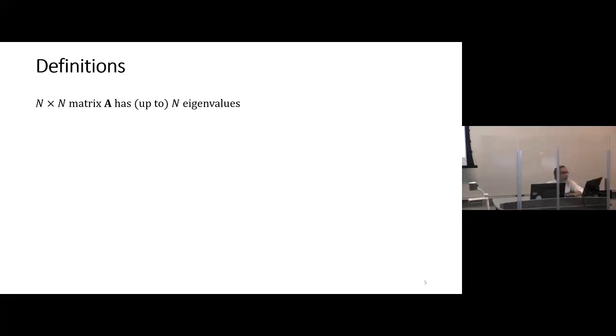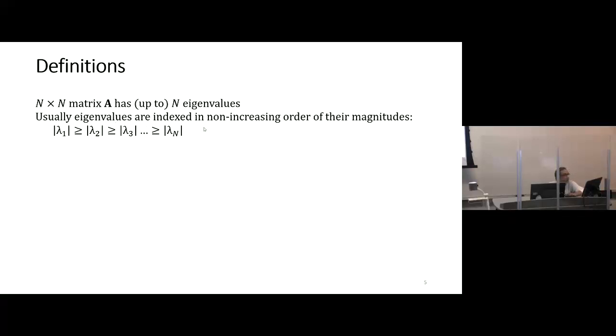So an n by n matrix has up to n eigenvalues. And the eigenvalues are usually sorted, so we index them in non-increasing order. This is the eigenvalue with the highest absolute value, lambda 1. This is lambda 2, lambda 3, and so on. So lambda 1 is greater than or equal to lambda 2, absolute values that is, and so on.